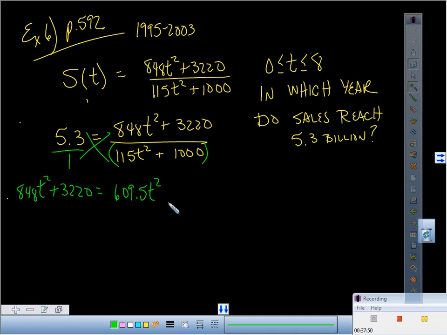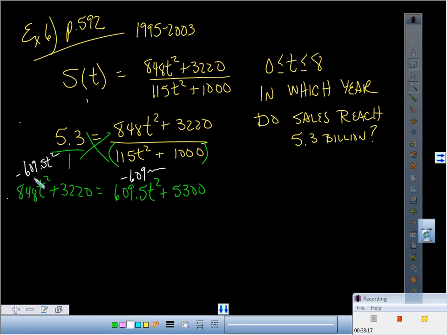609.5 t squared. Very good. 5.3 times 1,000 is 5,300. Now what am I going to do? Yeah, get your t squared. I'm going to put my t squares on the left and my plain numbers on the right. So I'm going to subtract 609.5.